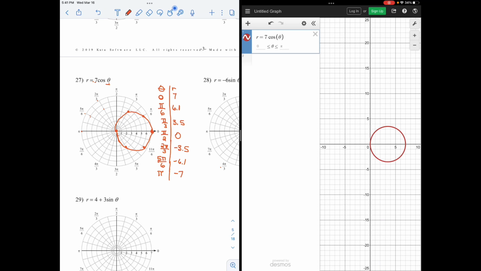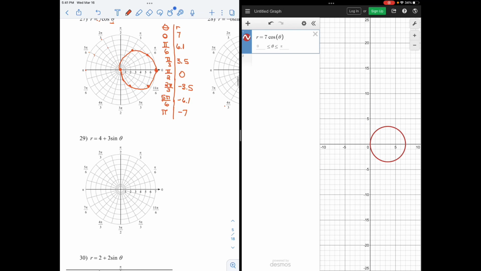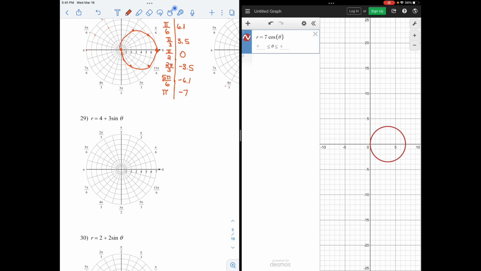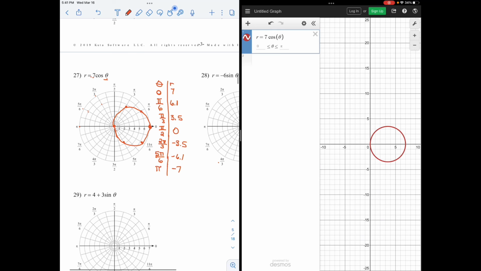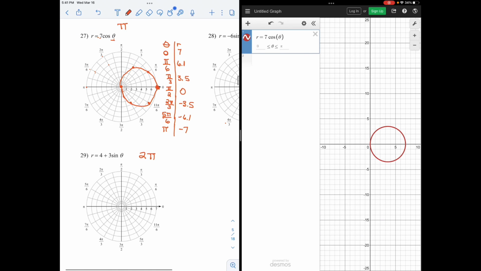Okay? What I want you to do for homework is make theta r tables, and we're going to go from 0 to 2 pi. Let me go back and say that this has a period of pi because it took pi units to get back to the origin. Most of them will have a period of 2 pi.